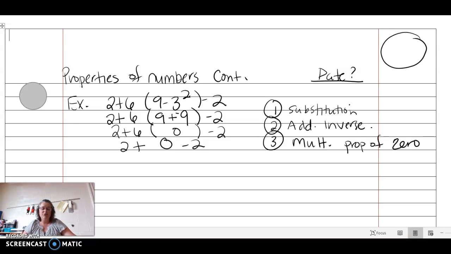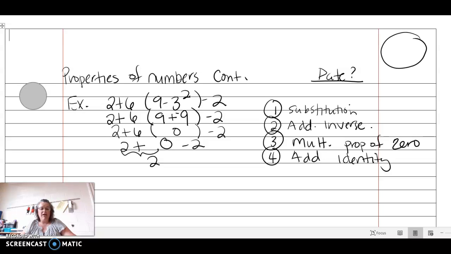And now we have adding and subtracting left, so we can go left to right. 2 plus 0 is 2. That's a property. Anytime you add 0, it's your additive identity.